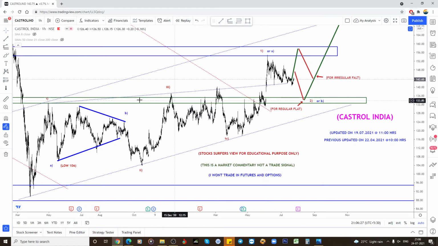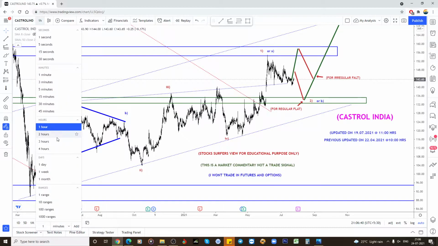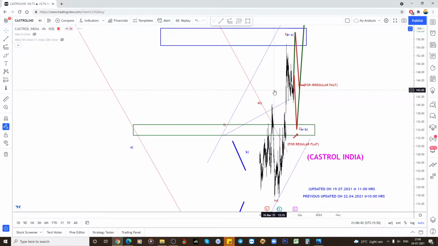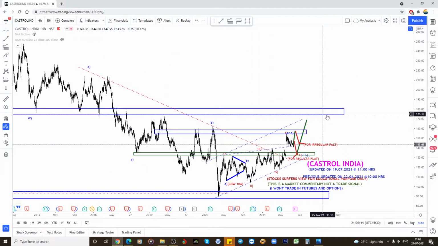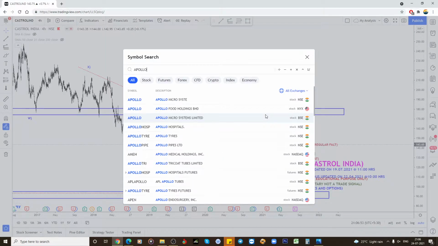Once it is at the previous support, the broken zone, again it will become the support. So if it reached here, you can buy for the next target of around 170 to 180 zone. Let's wait. Yeah, this zone 175 to 180, this zone we need for the target. So next is Apollo Tyres.